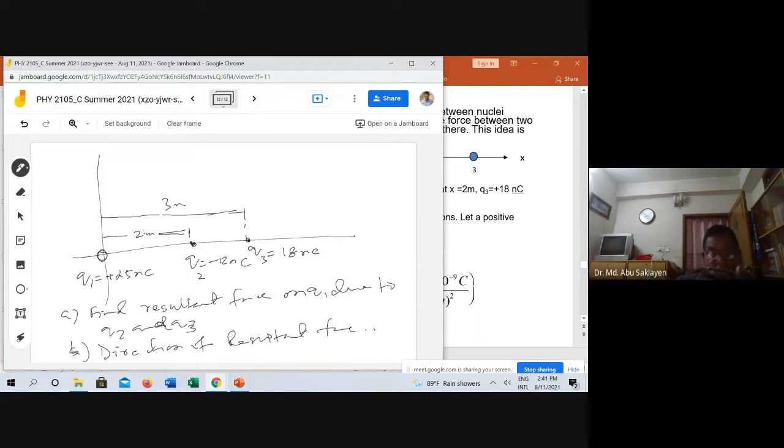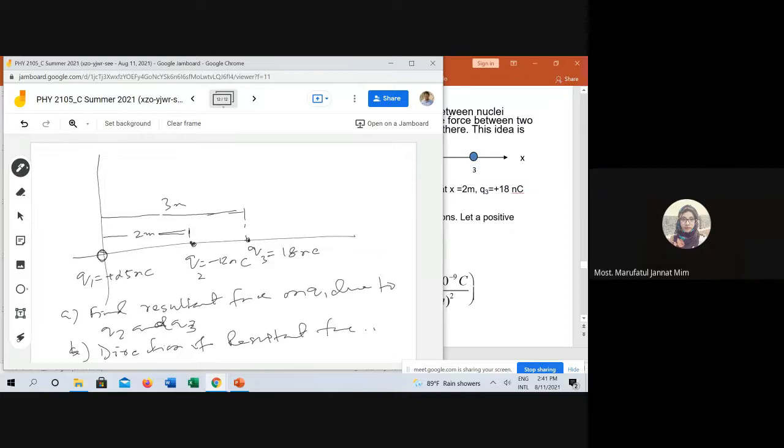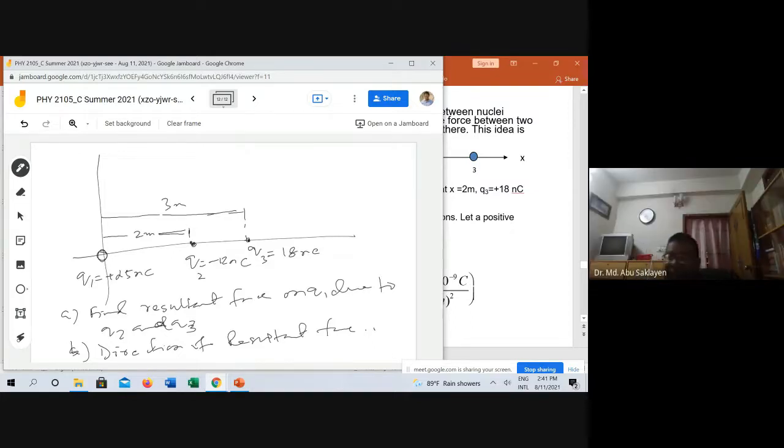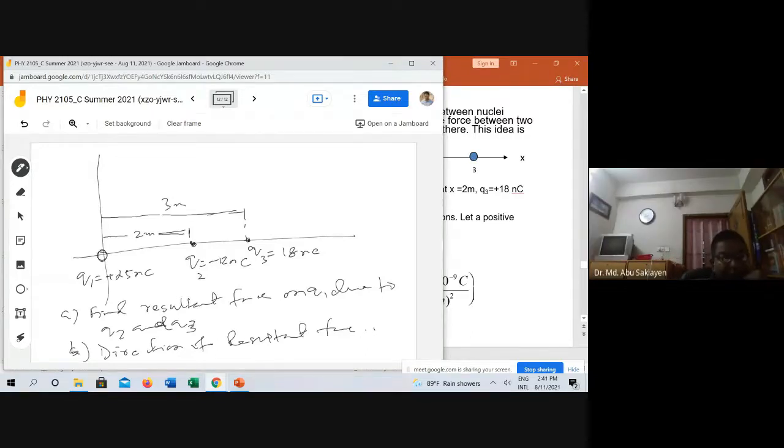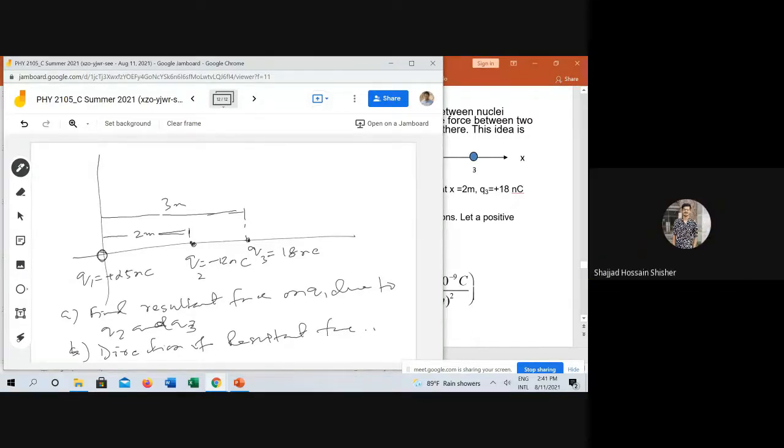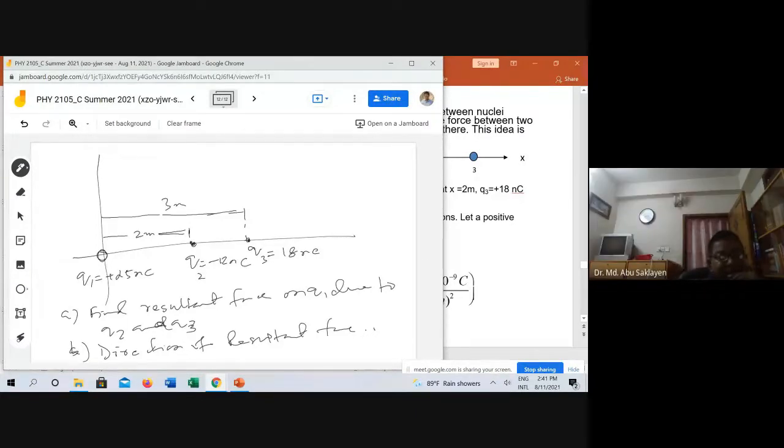কে কে সলভ করছো বলো, আর কে কে চুপচাপ স্যার দেখছো? করতেছি স্যার। দুজন পেলাম, তিনজন, চারজন, পাঁচজন, ছয়জন, সাতজন। তোমরা কয়জন আছো এখানে বলো?